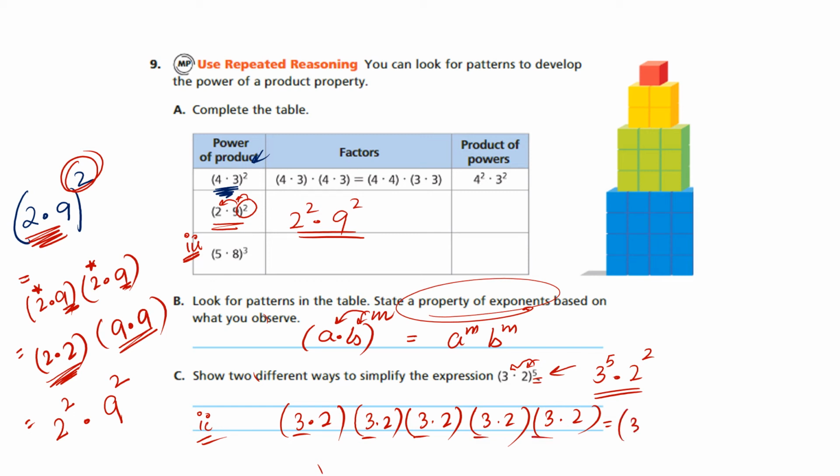So write 3 how many times? 5 times. 3, 4 and 5. Then in one bracket write down all the 2's. Okay, so 5 times 2, 3, 4 and 5. Now 3 has a power 5 because there are 5 3's, and 2 has a power 5 because there are 5 2's.